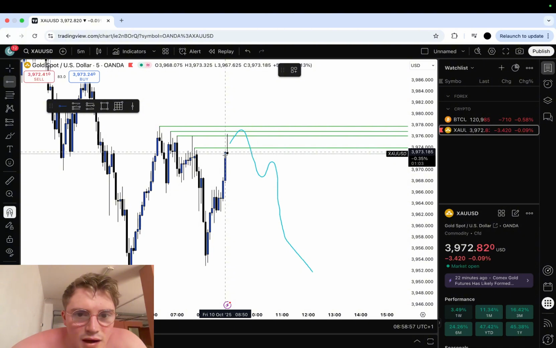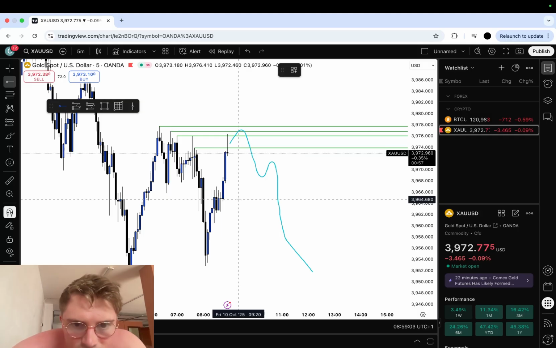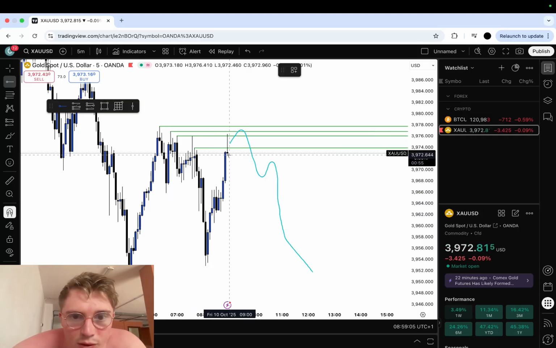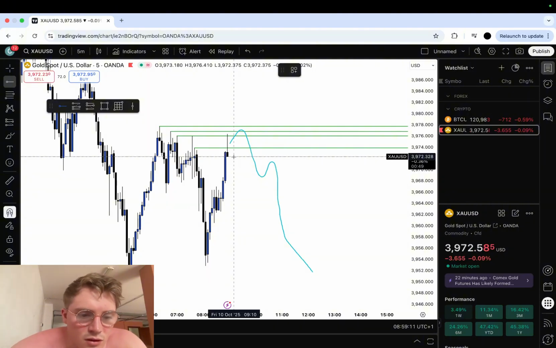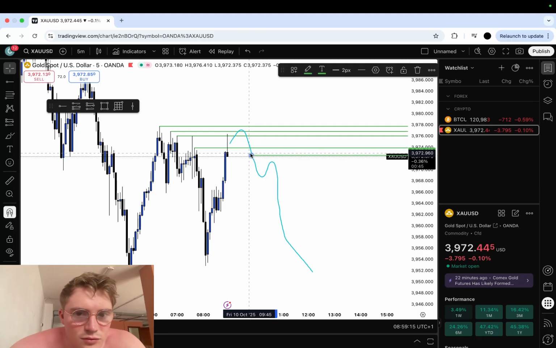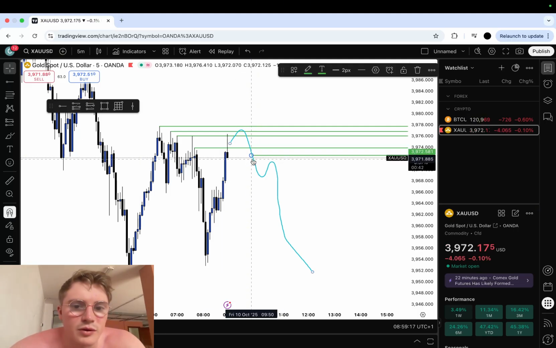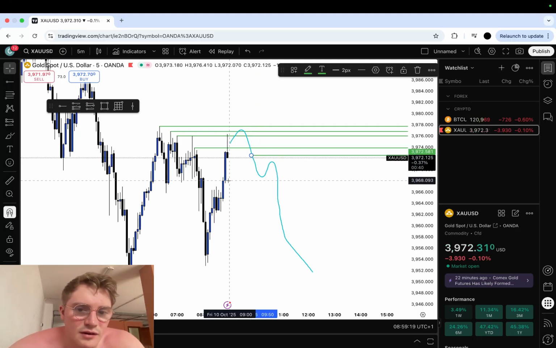That's your confirmation, as if it breaks structure, which in this case would mean it would have to go below that. Well, that's actually your low, so as long as this candle closes bearish, then if this candle, like on the retrace, closes below it and it invalidates that fair value gap, that's a really good sign.